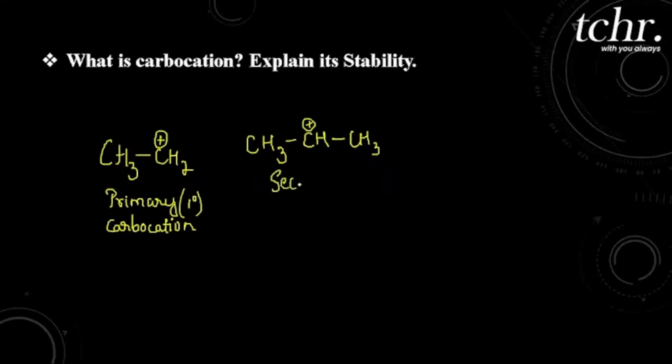Now this is a secondary carbocation, where you can see that the carbon carrying the positive charge is further attached to two alkyl groups, and next I can write the tertiary carbocation in this way. The carbon here carrying the positive charge is further attached to three alkyl groups.